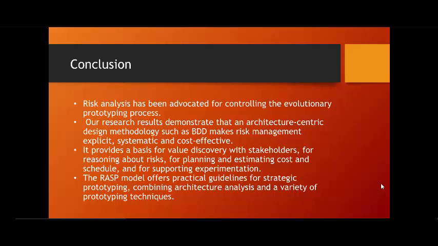It provides a basis for value discovery with stakeholders, for reasoning about risk, for planning and estimating cost and schedule, and for supporting experimentation. Finally, the RASP model offers practical guidelines for strategic prototyping, combining architecture analysis and a variety of prototyping techniques.